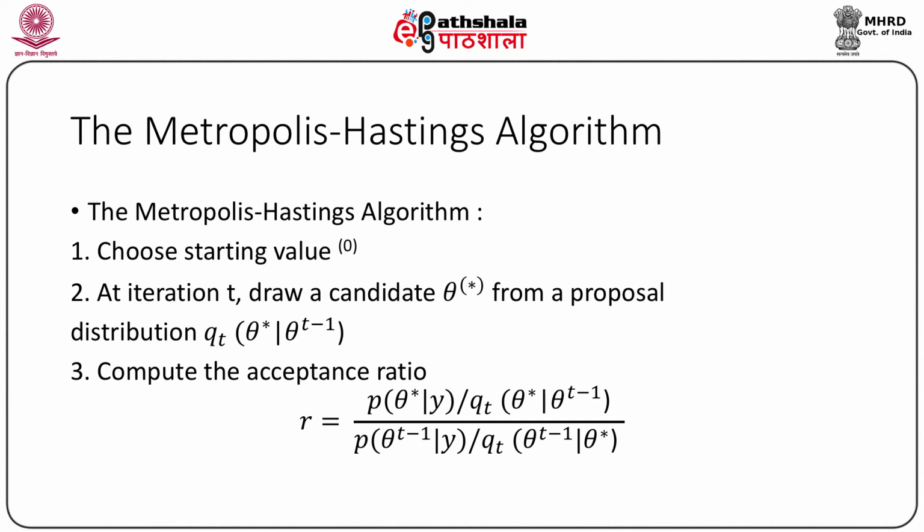We compute the acceptance ratio, and the formula is given in the notes, which is basically a ratio of function p evaluated at theta star given y, divided by q sub t of theta star given theta t minus 1, that is the previous stage, whole thing divided by p of theta t minus 1 given y, divided by q sub t of theta t minus 1 given theta star.